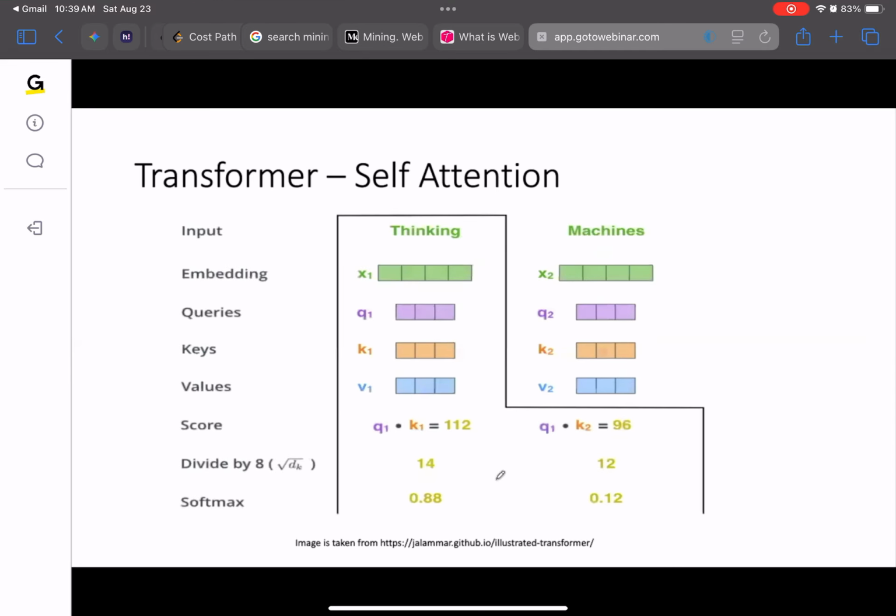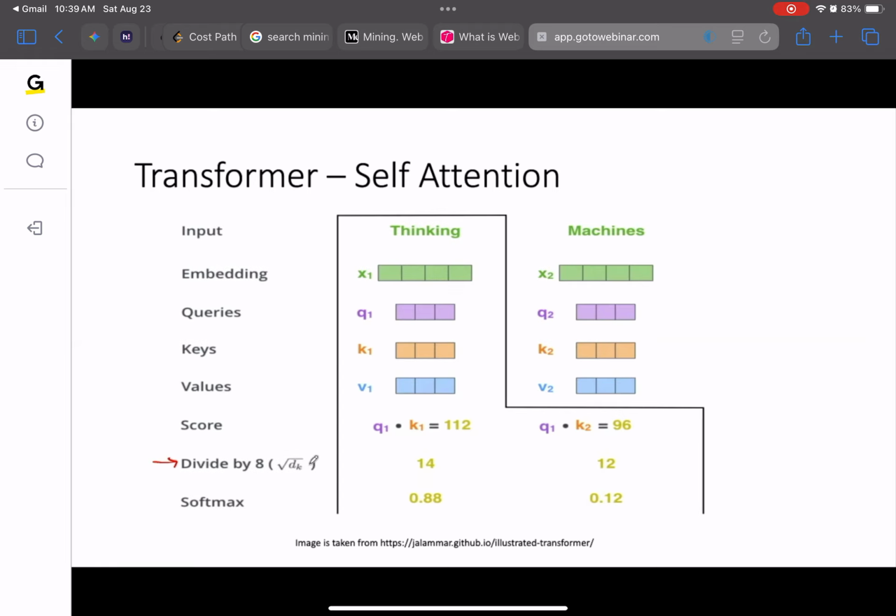Once we find these relevance scores, at this stage we also divide by a constant, which is typically the root of the dimensions of the input. The reason we do this is in case our dot product leads to large values.